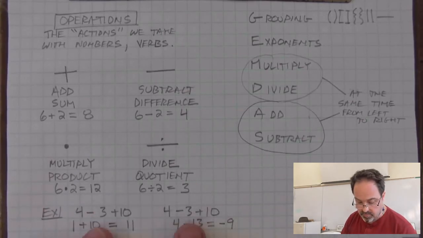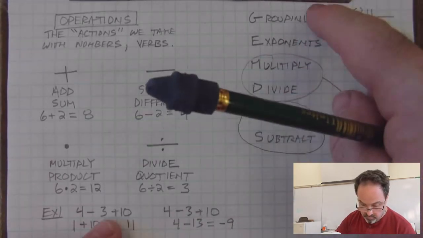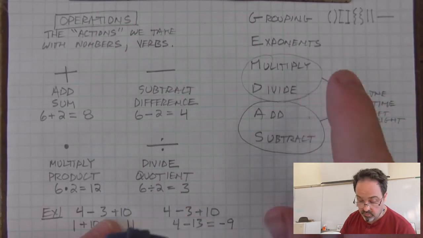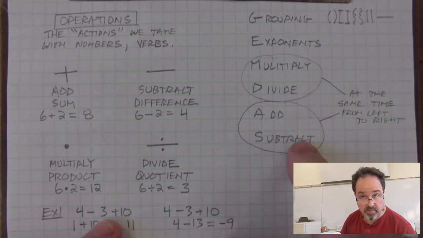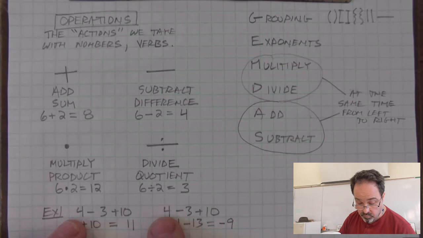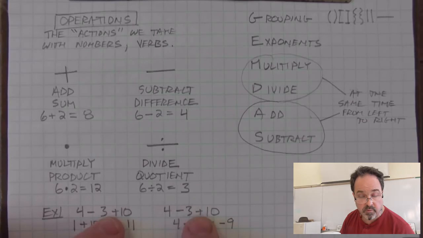So what did we do in this case? We see that we have subtraction and addition. There are no grouping symbols, exponents, multiplication, or division. So we know that we need to add and subtract at the same time from left to right, which means as we read a book, this would be 4 minus 3 would be the first thing because it's to the left as we read the problem than the addition symbol.